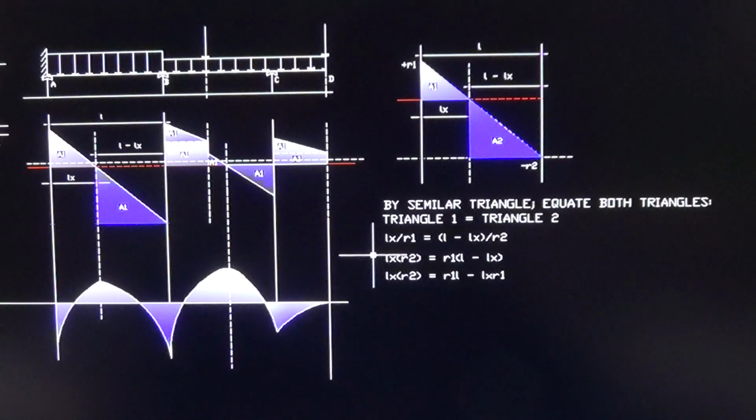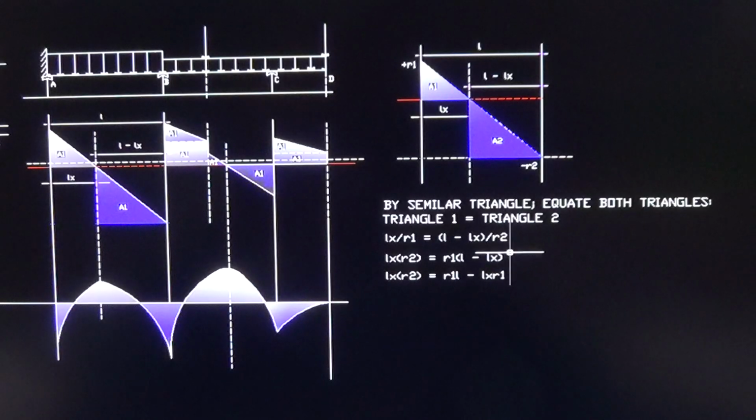Alright, and then you have this equation by cross multiplying. The R2 will be multiplied by Lx, and the R1 will be multiplied by L minus Lx. So we have Lx times R2 is equal to R1 multiplied by L minus Lx.